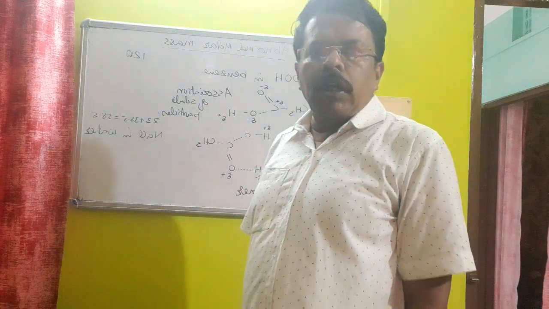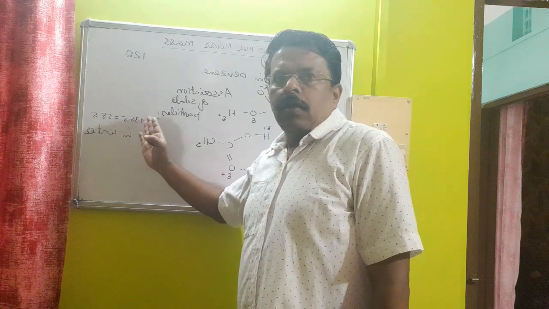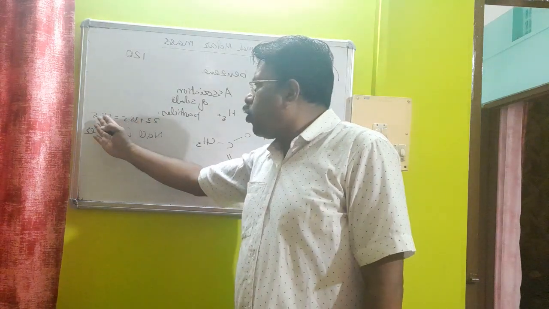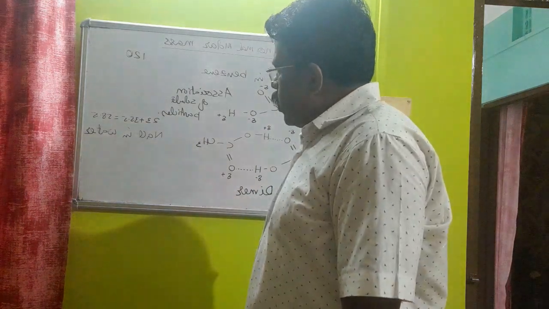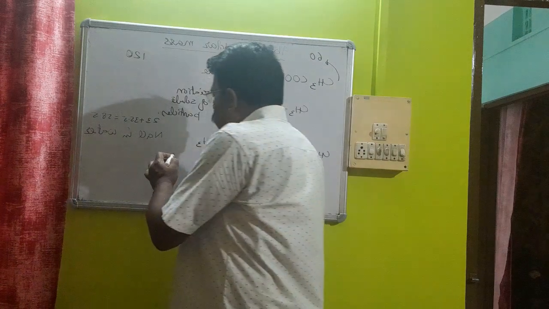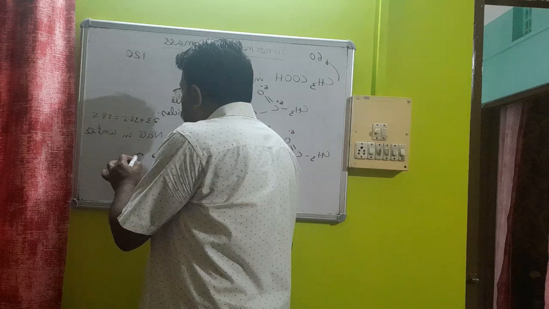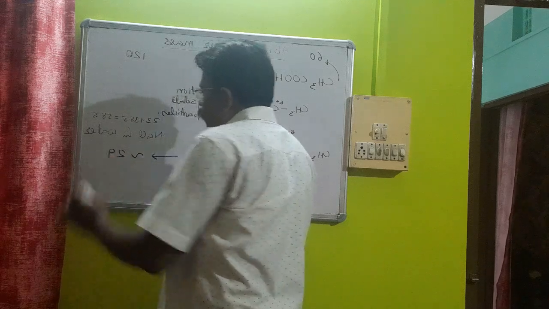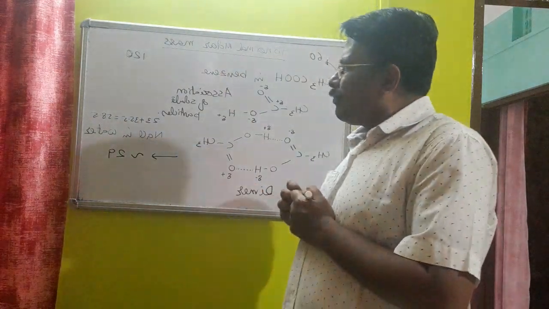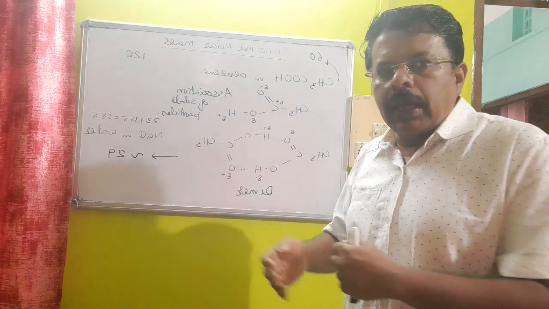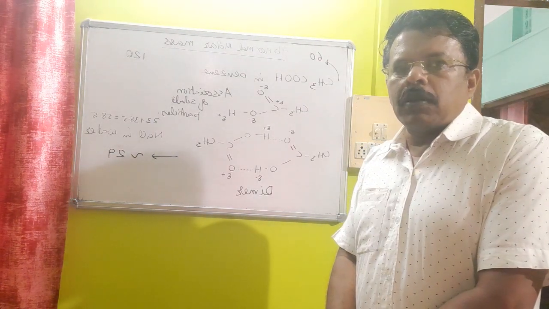So when we use colligative property to determine the molecular mass of NaCl in water, we expect 58.5. But surprisingly, in this case the value that we get is nearly equal to 29, almost half of this value. So this is again a case of abnormal molar mass, and we have to find out the reason for it.